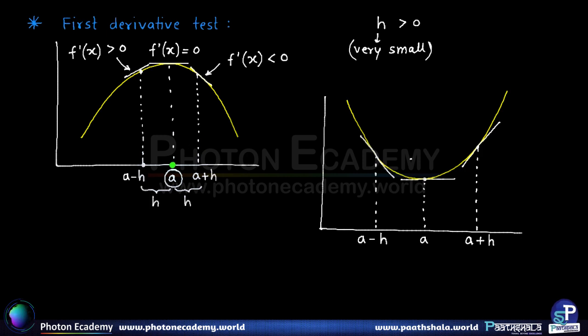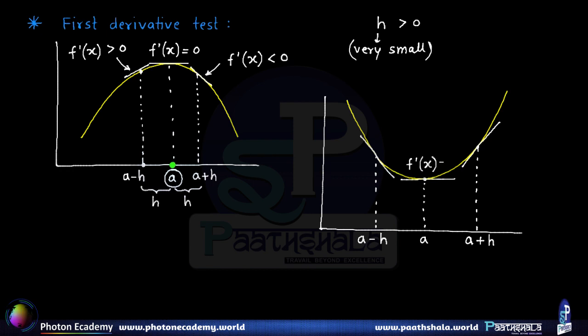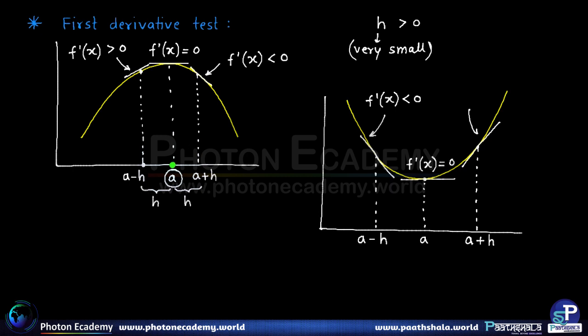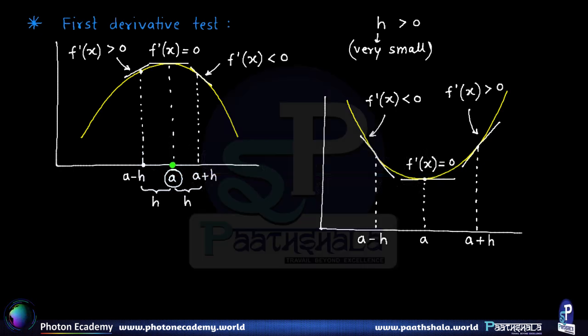Now the tangent drawn at point x equal to a is definitely horizontal, so its slope is 0. If we consider the tangent drawn to the left point, since it is sloping down, its slope will be negative. And the tangent drawn at the point a plus h is going up, so its slope will be positive, so here we have f dash of x greater than 0.